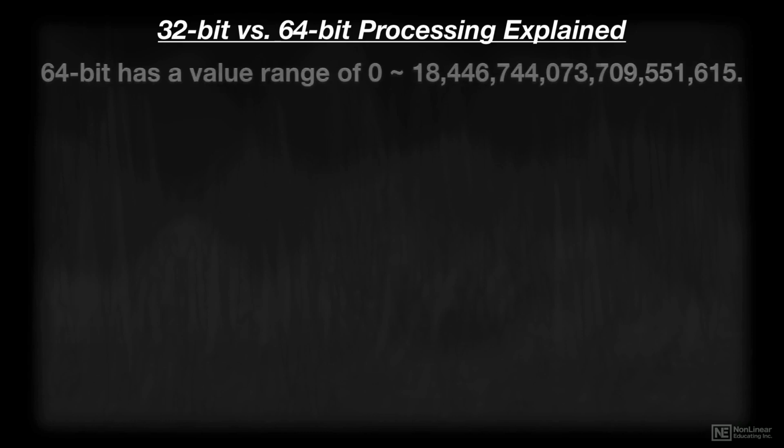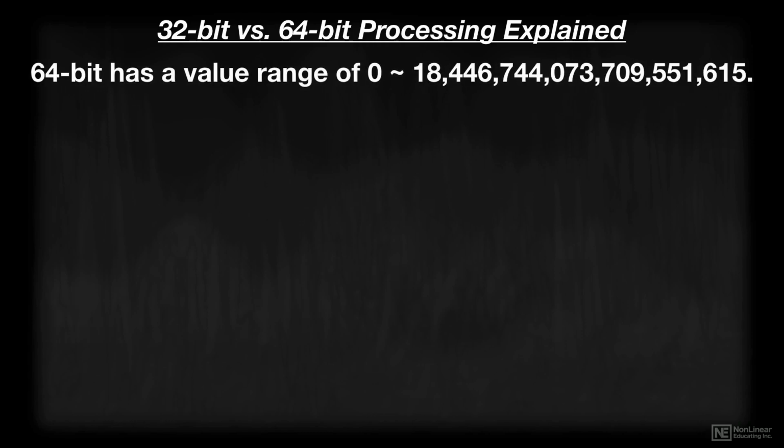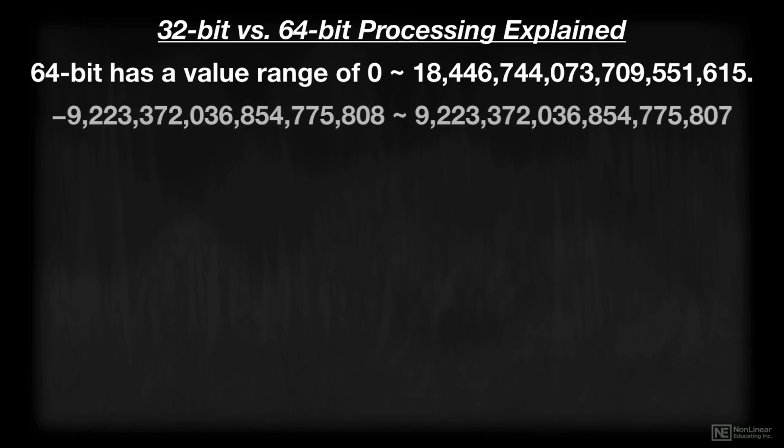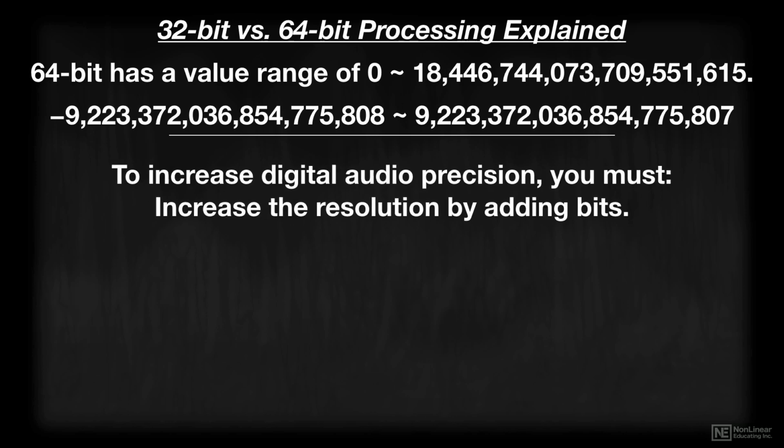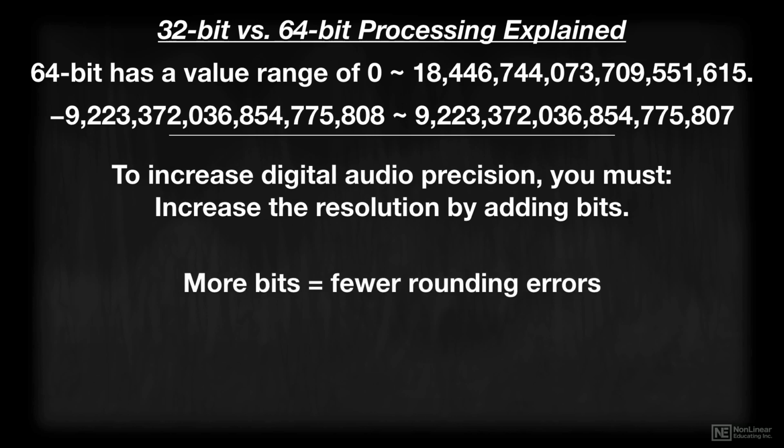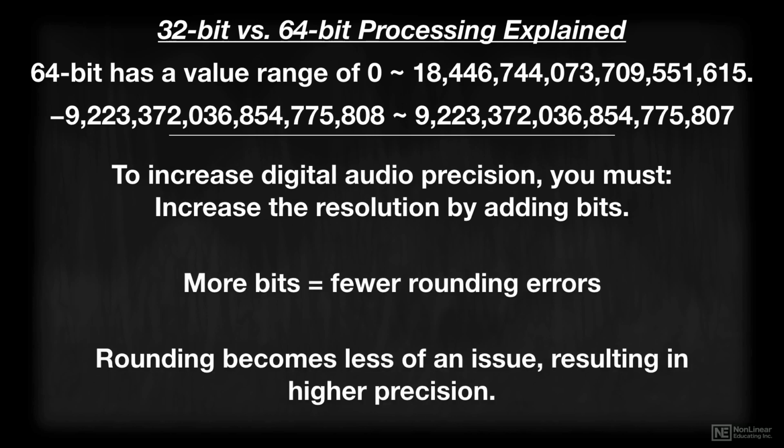So 64-bit has a value range of between 0 and 18 quintillion values. Or if we use the 2's complement method, we end up with plus or minus 9.2 quintillion. So to increase the digital audio precision, you have to increase the resolution by adding bits. And the more bits you have, the fewer rounding errors you're going to have, and the rounding is going to become less of an issue, resulting in higher precision.